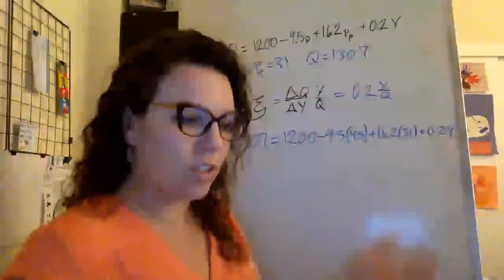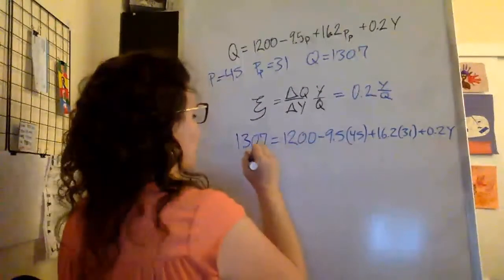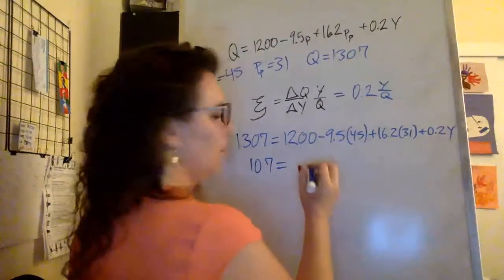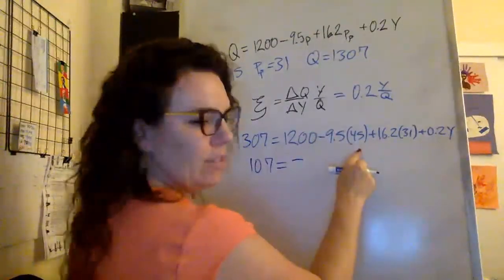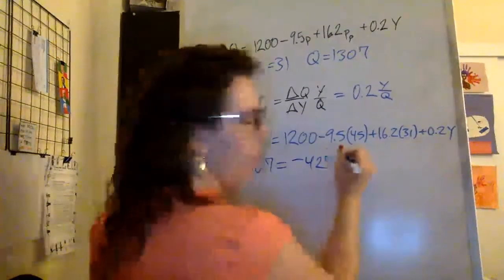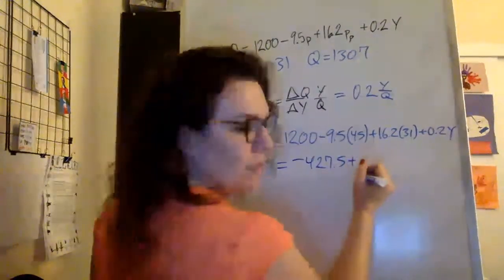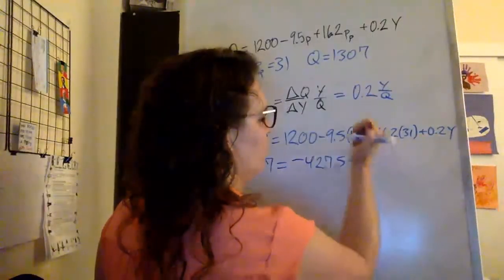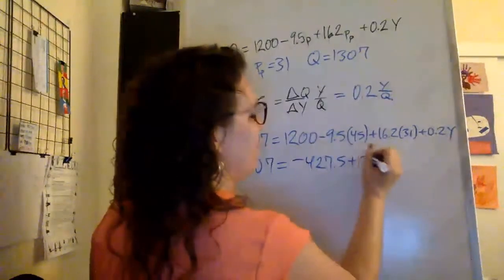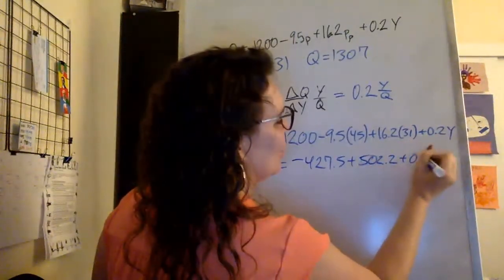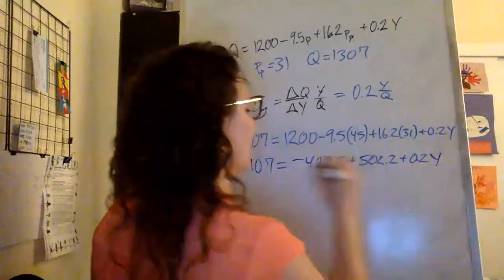And then we just start solving algebraically. So I get 107 equals, and then 9.5 times 45 is negative 427.5, plus 16.2 times 31 is 502.2, plus 0.2 times y.